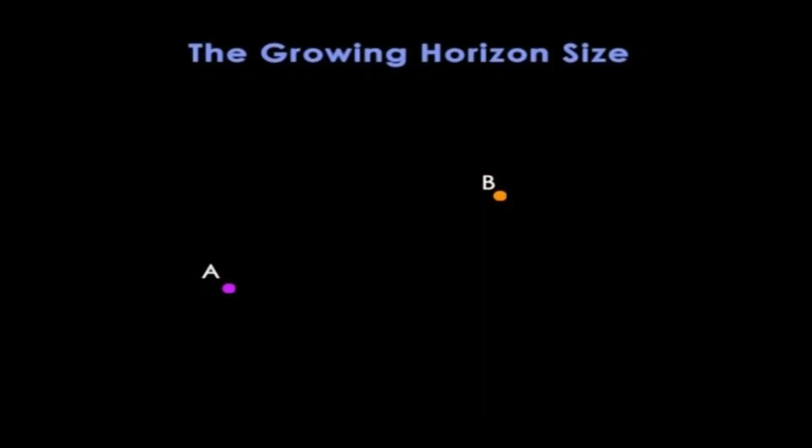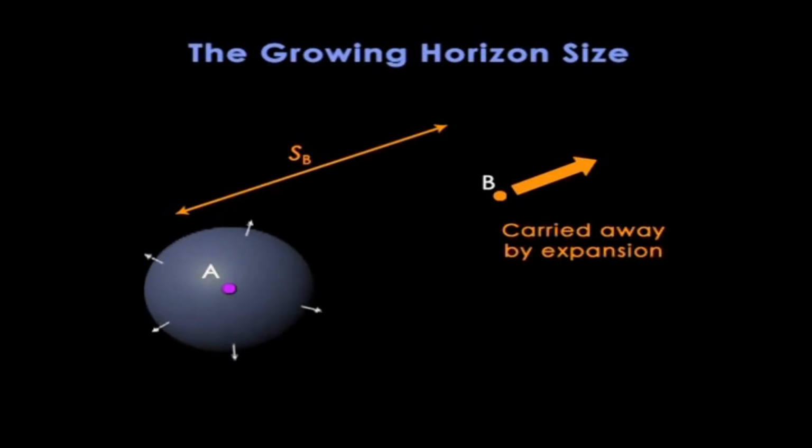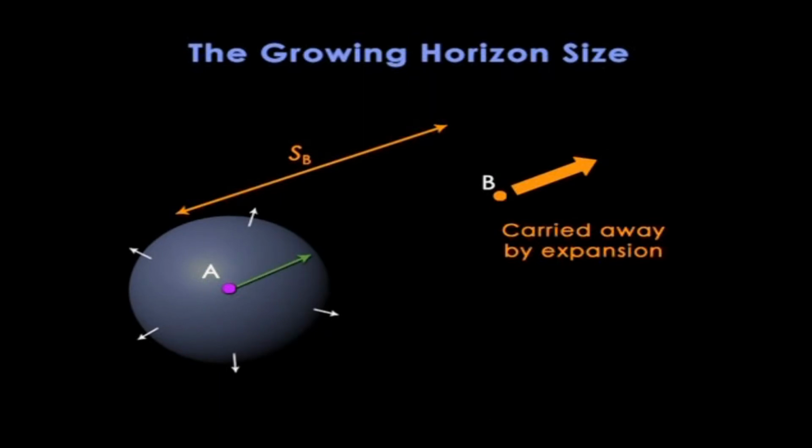So let's follow how this smoothing does in fact occur in these circumstances. Here are 2 points, A and B, an instant after the Big Bang. B is a distance, SB, away from A, and is being carried away by the expansion. Meanwhile, forces can propagate away from A at roughly light speed and have reached a distance, dH.